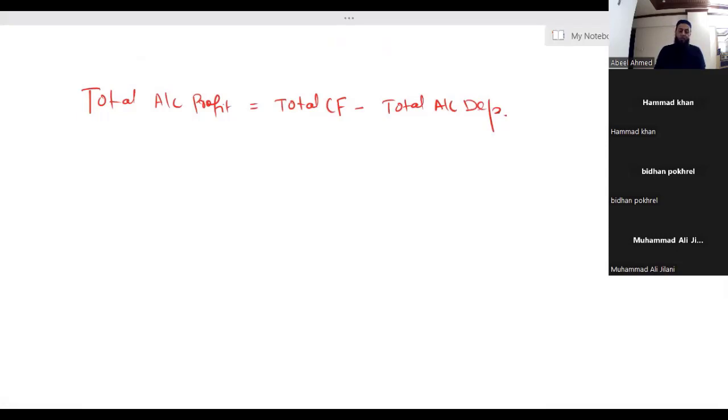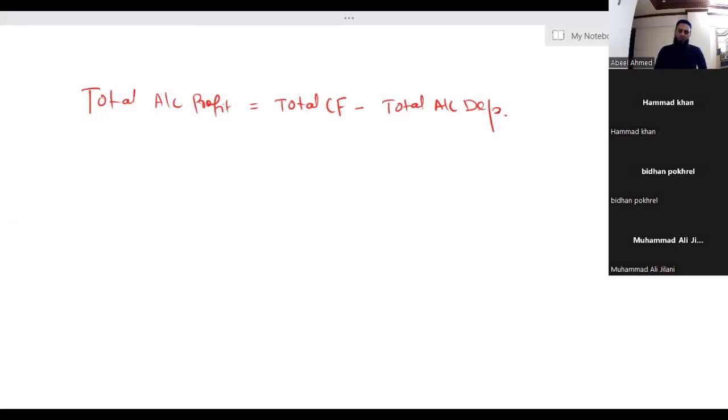Actually, we are trying to calculate total accounting profit. We do have the relationship which I have written, but when you are calculating total accounting profit from the cash flows, and let's say those cash flows have the impact of residual value also.